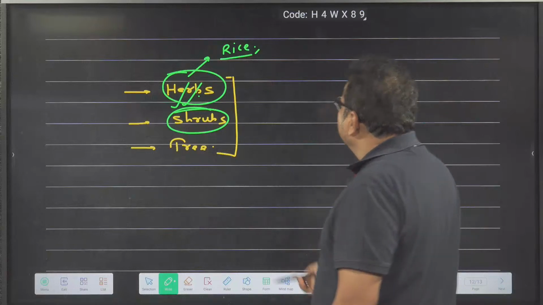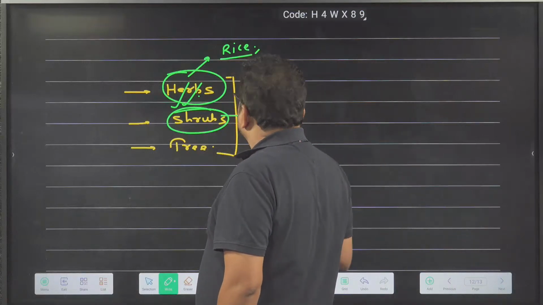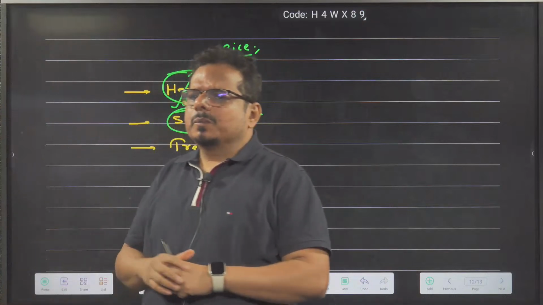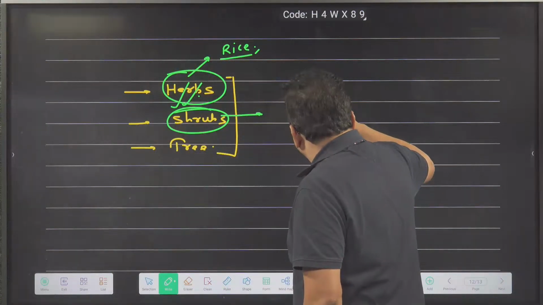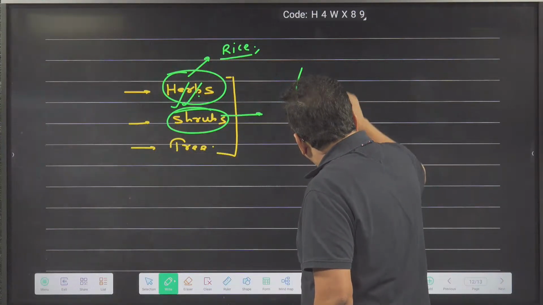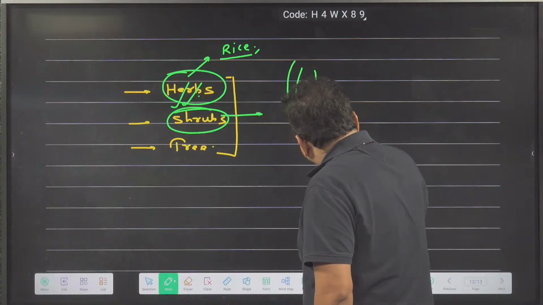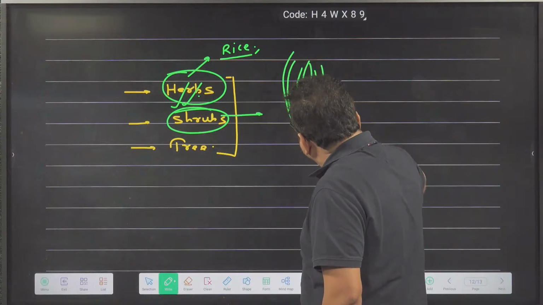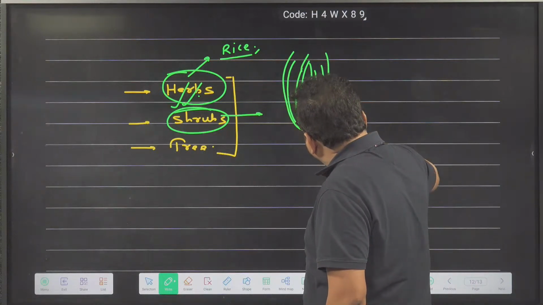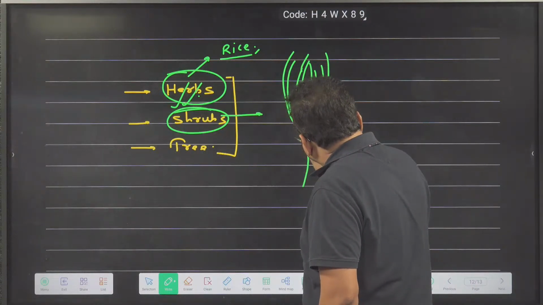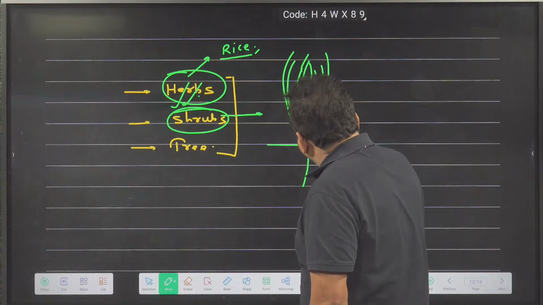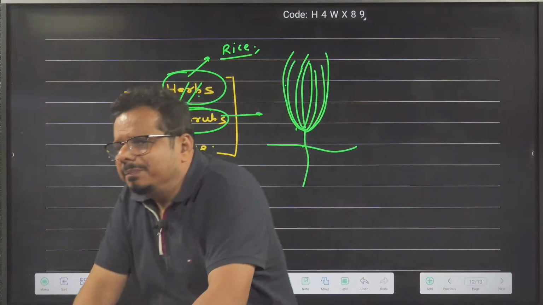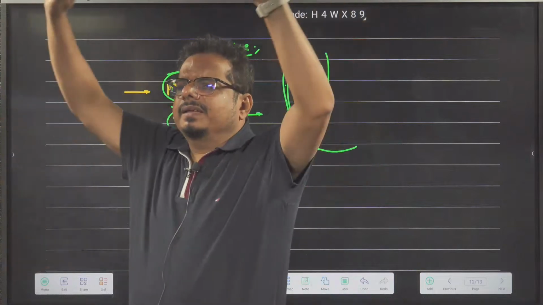Okay? So what I am telling, shrubs. All the bushy plants, bushes you know, na, bush. So all the plants which are short in height. Shrubs usually do not have a height of more than 3-4 meters. And usually most of the branches arise near the soil. From the very basal part, branches arise.